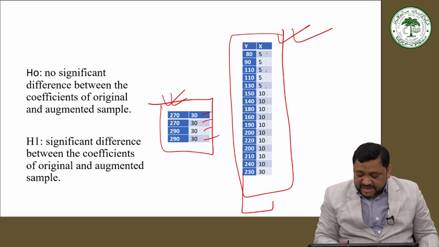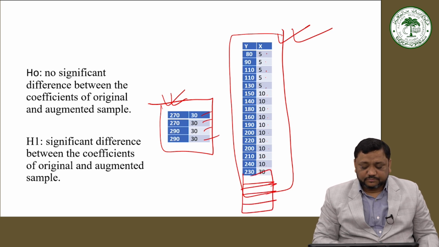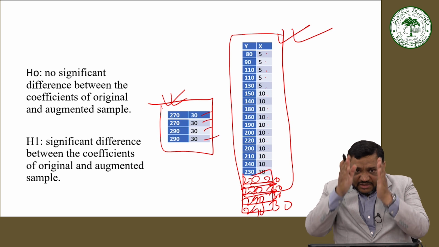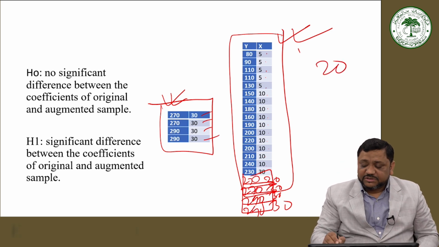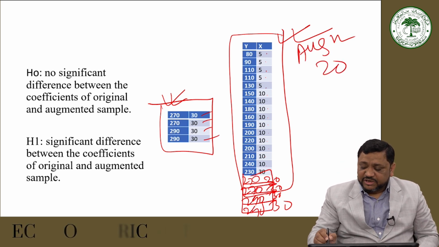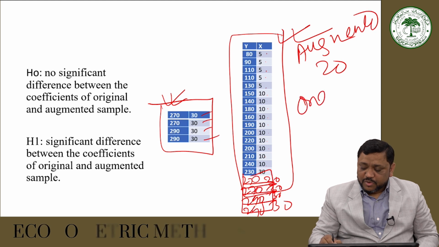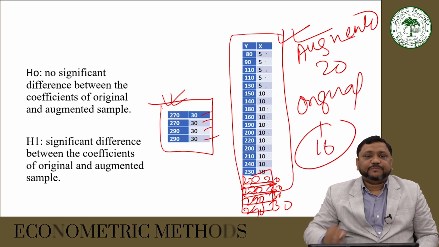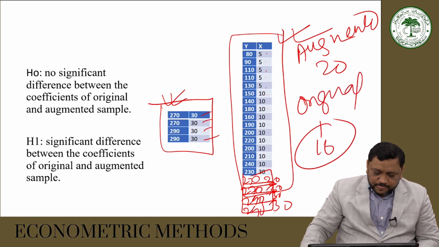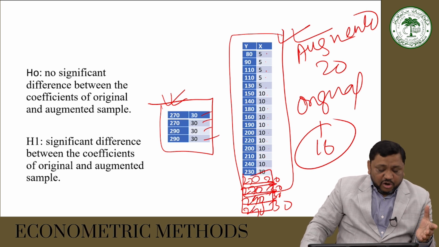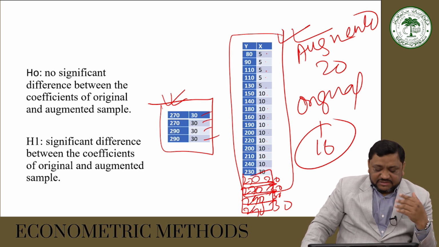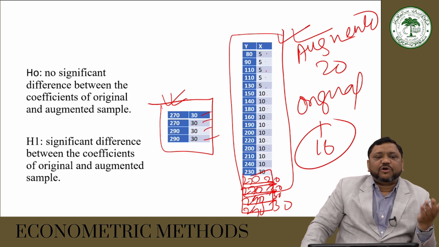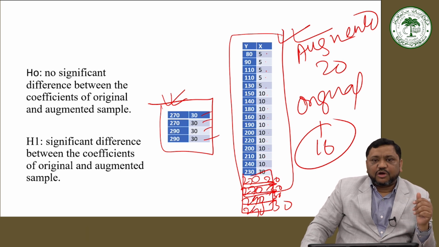Augmented sample means we will add these here only: 270, 270, 290, 290, and here 30, 30, 30, 30. Augmented means when we have taken 20, and original is your 16. The alternate hypothesis is that there is a significant difference between the coefficients of the original and augmented sample.